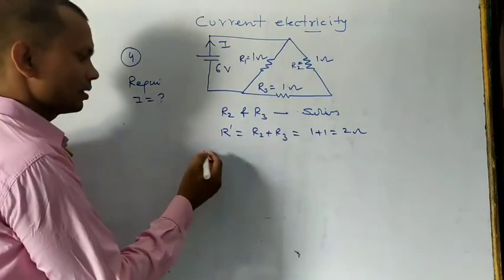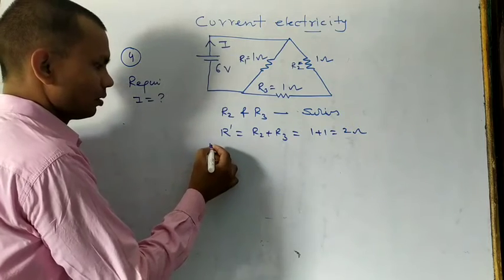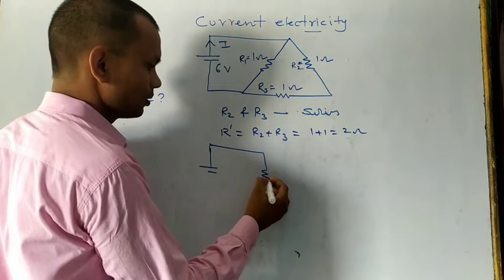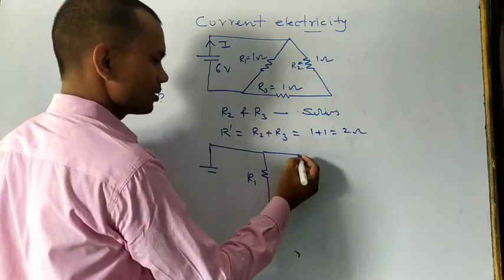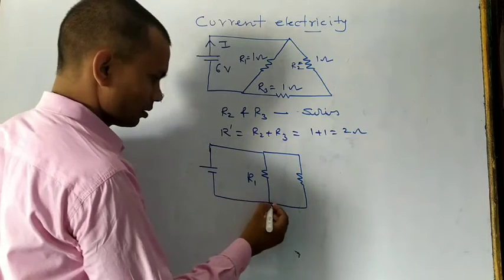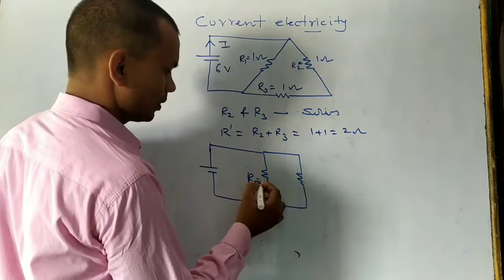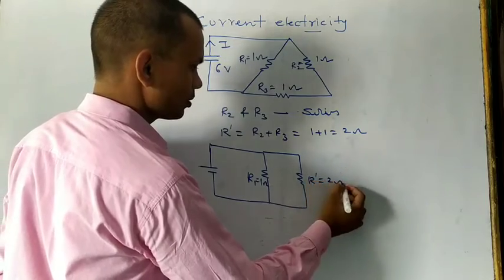Now the circuit is reduced to this form. Here this is R1, which is 1 ohm, and this is R dash, which we are getting as 2 ohm.